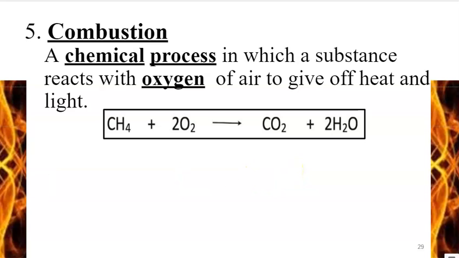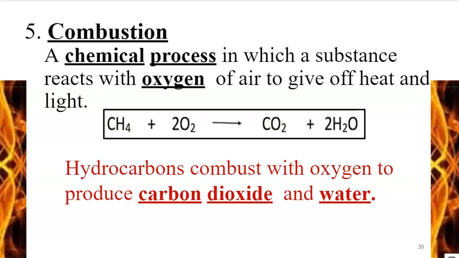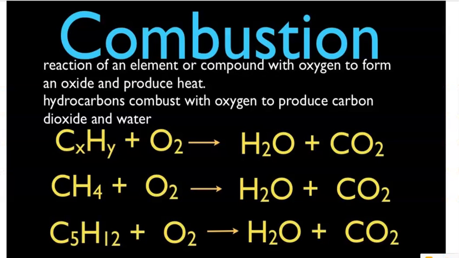Every combustion reaction will always end with carbon dioxide and water as the products. Okay, so this is a combustion reaction. Notice how I said it could be any combination of carbons and hydrogens. So these are all different types of combustion reactions, but notice that the products are always water and carbon dioxide. That part stays the same.